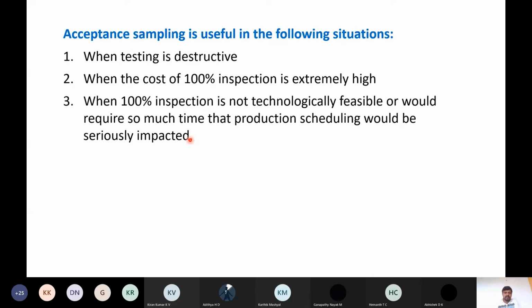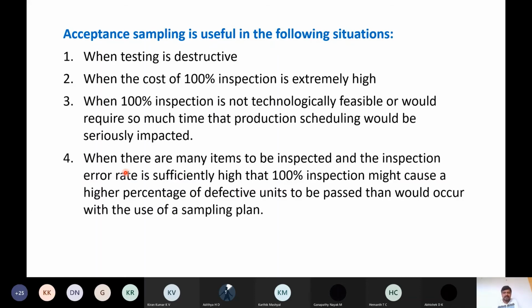Next, when there are many items to be inspected and the inspection error rate is sufficiently high, then 100% inspection might cause a higher percentage of defective units to be passed than would occur with the use of a sampling plan. That means even errors may occur during inspection.